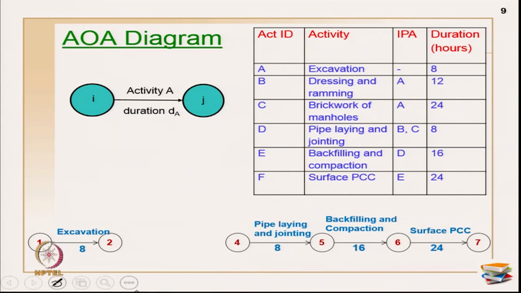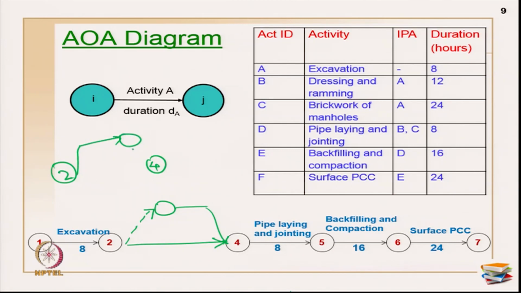So, one option is, I can introduce a dummy here, and then I can connect the activity. This is one way. The second way is, from 2 to 4 I can introduce the activity, and then I can connect the dummy. This is activity B, this is activity C, this is activity B, this is activity C.